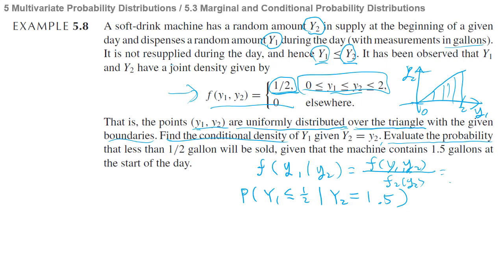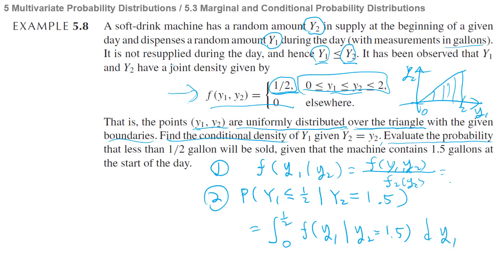About the second part, we can integrate the conditional density of y1 from 0 to 1 over 2, given that y2 is 1.5, dy1. So you calculate this, then you will get the answer. Okay, I will do it from the next slide.